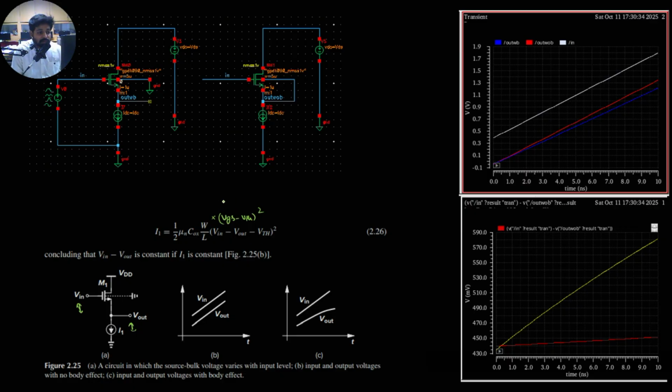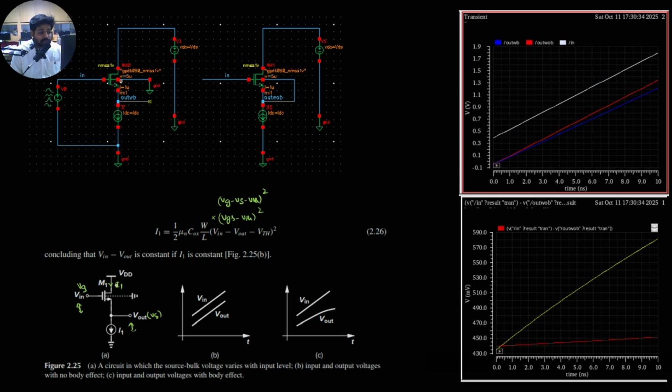VGS is VG minus VS, so it is VG minus VS minus VTH whole square. VG minus VS is nothing but V input minus V output. So V input minus V output minus threshold voltage, squared. This is the equation for the current flowing across the transistor. This is my I1 current.